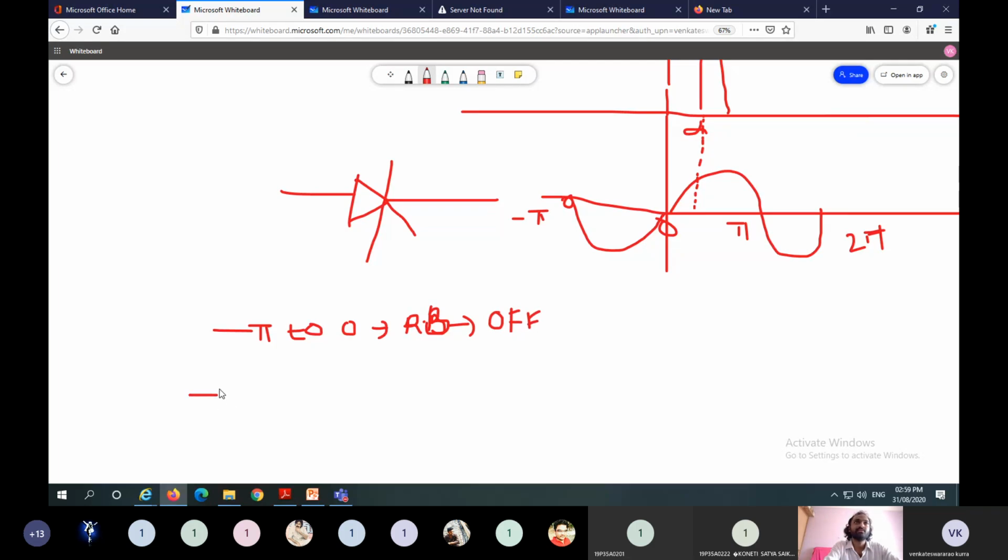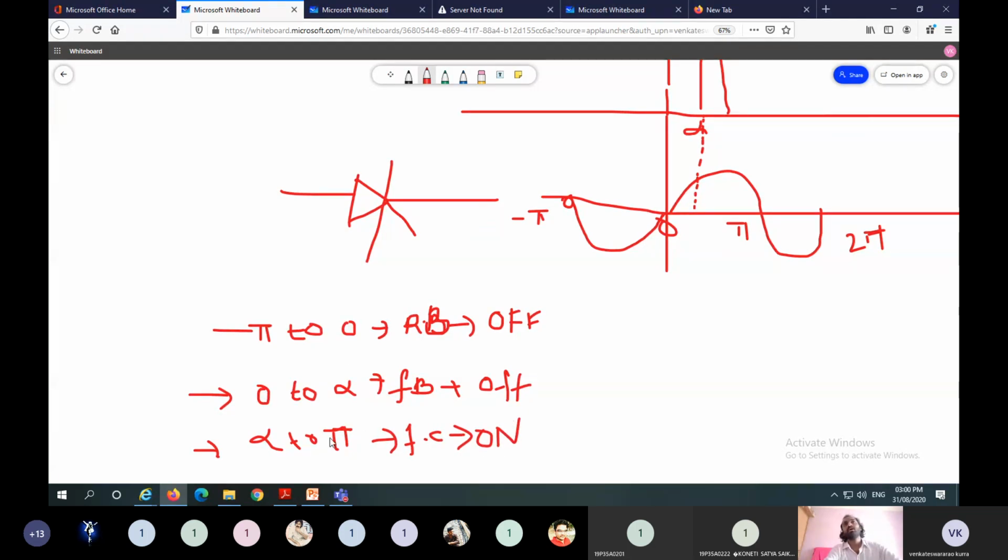Next, from 0 to alpha, the SCR is in forward blocking mode. The SCR is in off state. Next, alpha to pi is the forward conduction mode. Forward conduction mode means the SCR acts as an on switch.